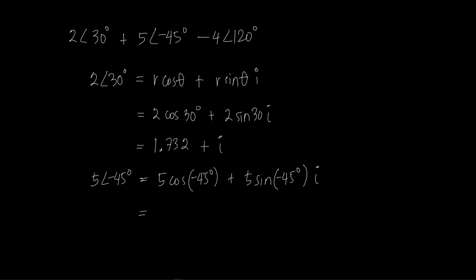That gives 3.536, to 3 decimal places. Then minus, since sine is negative, it is 3.536 i.